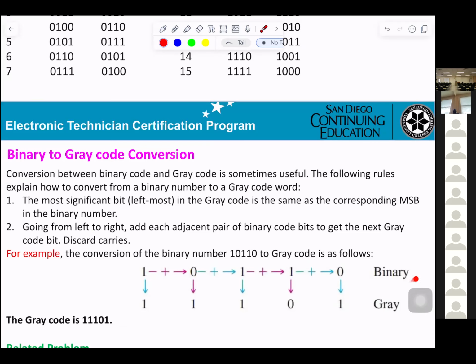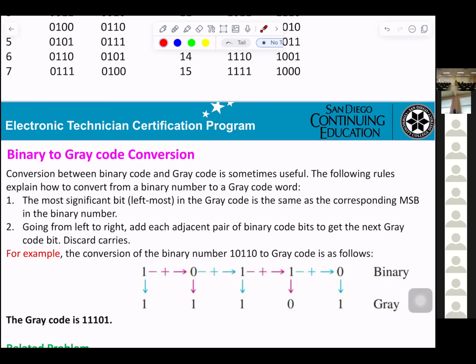I can tell you, you get 10110 binary. Okay, they want the gray code converted. What you do? First thing, you put a 1 here, the first one.